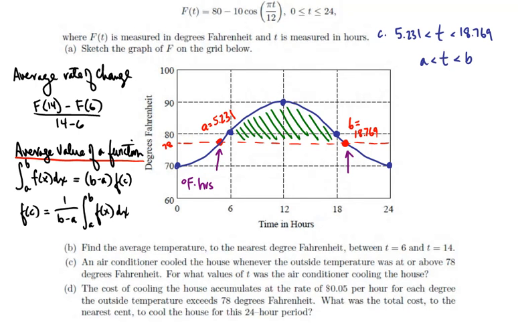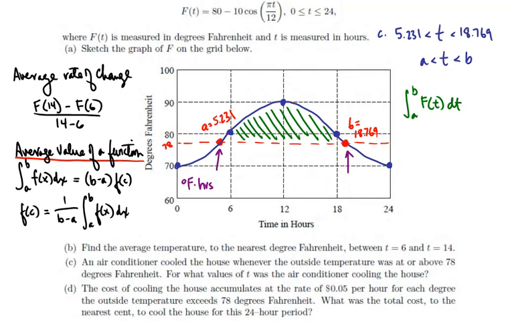So we want to find the area between 78 and the blue curve there, and that area is going to be the number of degree hours, for each of which we need to pay 5 cents. And how do we find that area? The integral from a to b is not only going to give us the part from 78 and above, it's going to give us everything under the curve from 5.231 to 18.769.